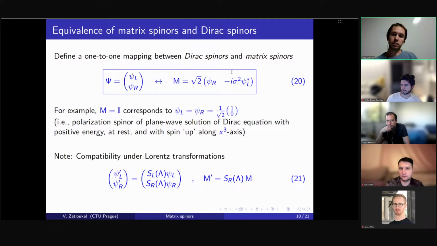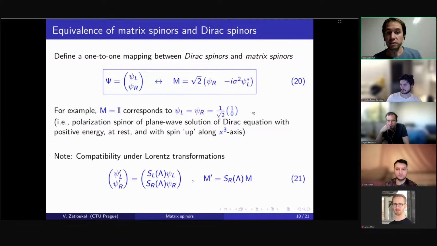So you need to make sure that both of the columns of M transform in the same representation, and this is what you can do with this psi L complex conjugation times sigma 2. And there are some additional factors which are introduced for later convenience. For example, if you think about the simplest possible matrix for the matrix spinor M, the identity matrix, you can see that this corresponds to psi L, psi r given basically by this 1, 0.